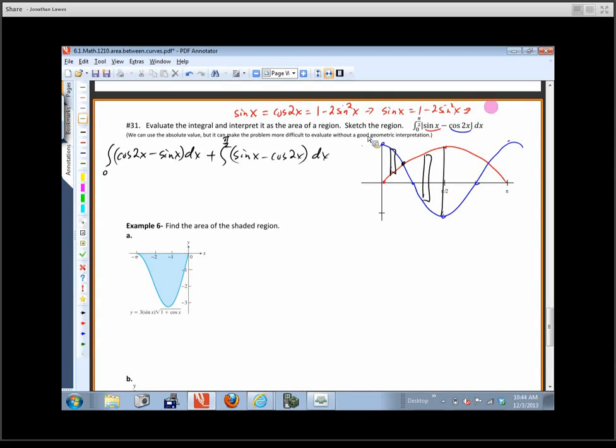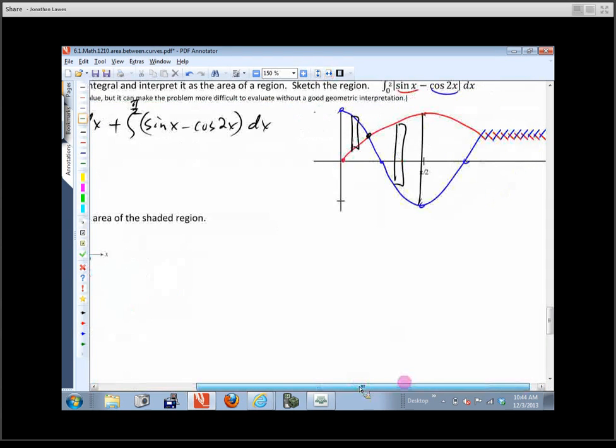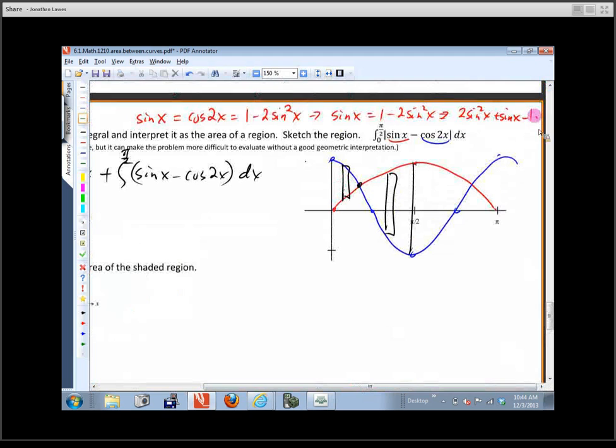I'm going to move those over to the other side. So this would be 2 sine squared of x, plus sine of x minus a 1 equals 0. So this would be 2 sine of x, and that would be sine of x. And I need a 1 here and a 1 here, minus here, plus here.